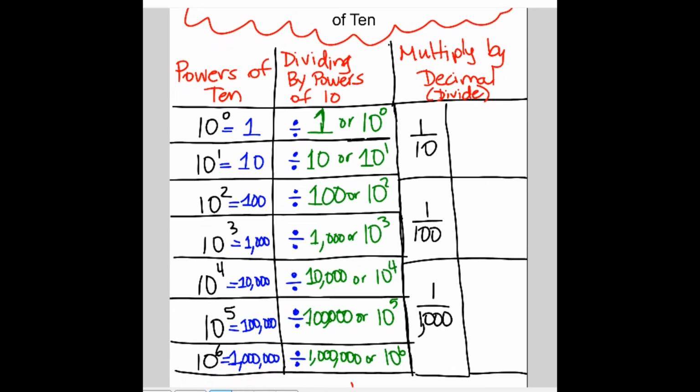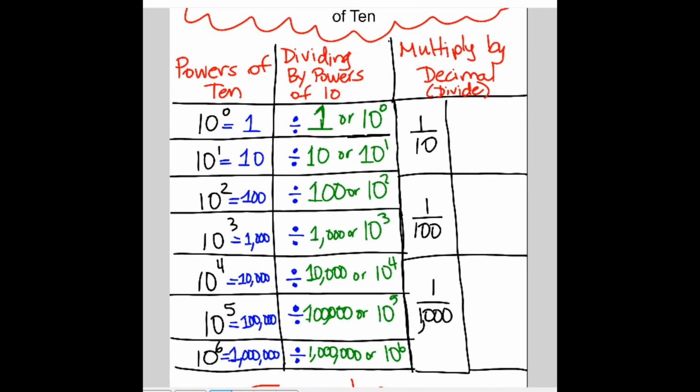Now, let us focus on the right-hand side of the table. So we already dealt with our powers of 10 and dividing by powers of 10. Let's deal with multiplying by decimals, which means that we can also divide. So I have our place value pulled up again, and this is the power of 10 when we're dealing with decimals. So 1 over 10 is our tenths place.